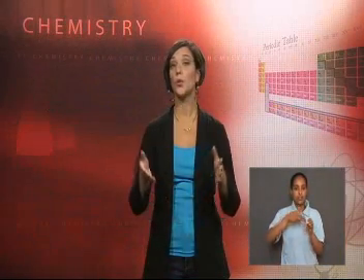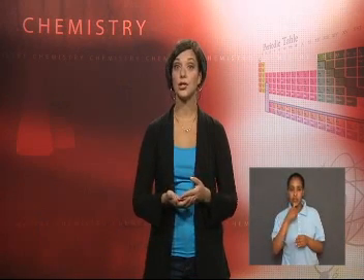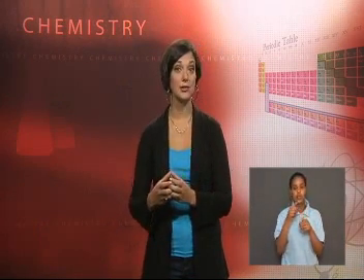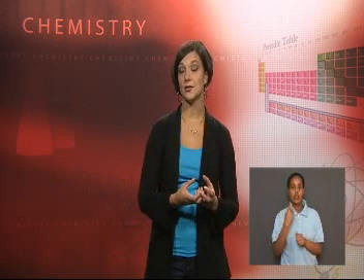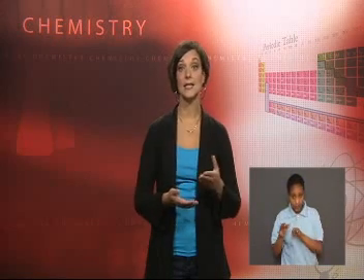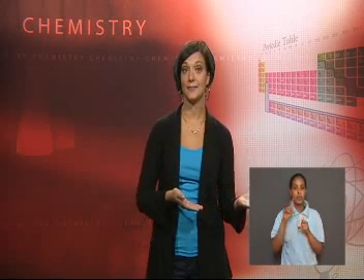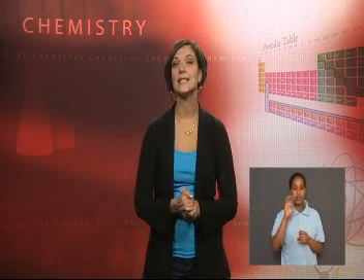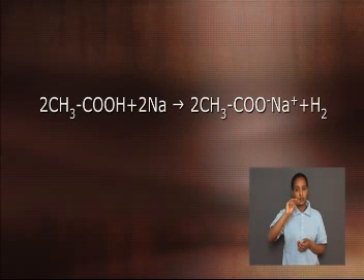We can name the salts of carboxylic acids by first writing the name of the metal, followed by writing the name of the acid, replacing the end IC, acid, by ATE. Let us look at an example. Sodium reacts with ethanoic acid to form sodium ethanoate and hydrogen.